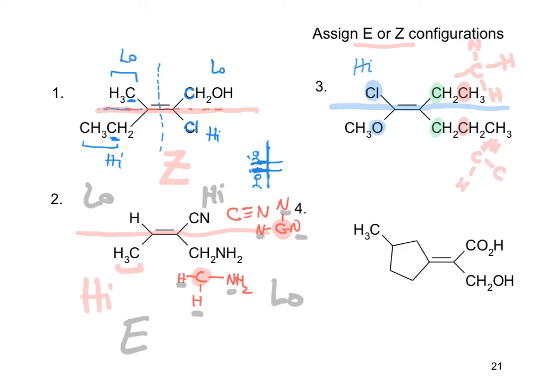So you're basically comparing your carbon versus a hydrogen. And for that reason, the high priority group will be the propyl group as compared to the ethyl group, which is why you would say that this is going to be an E molecule as well.